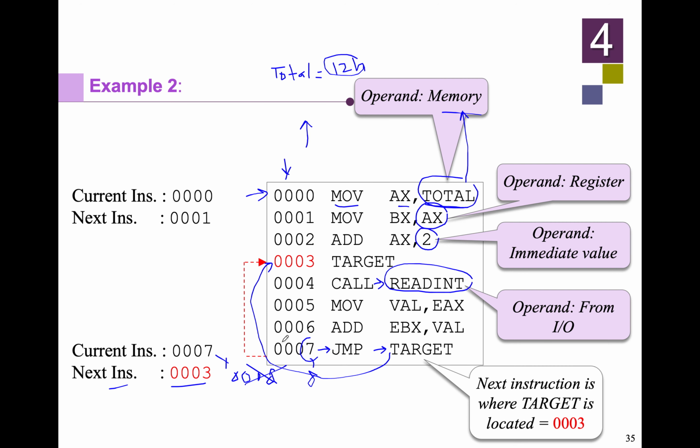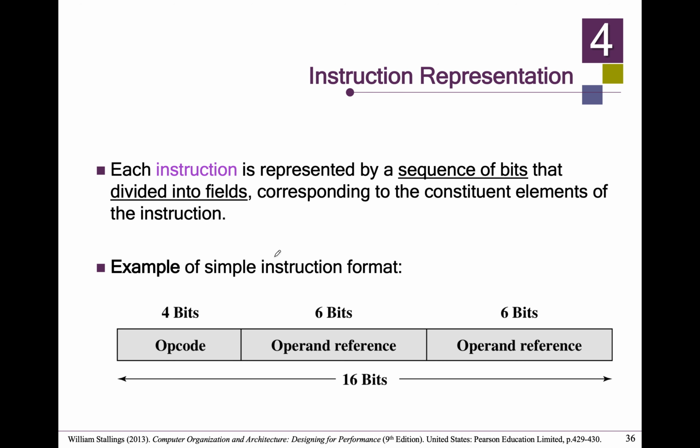Okay, this is example number 2. Now you can see over here you have an instruction representation. How are you going to represent your instruction in terms of the format? The instruction is represented by a sequence of bits. Of course, you have bit by bit that is divided into fields. First, you divide it into opcode.